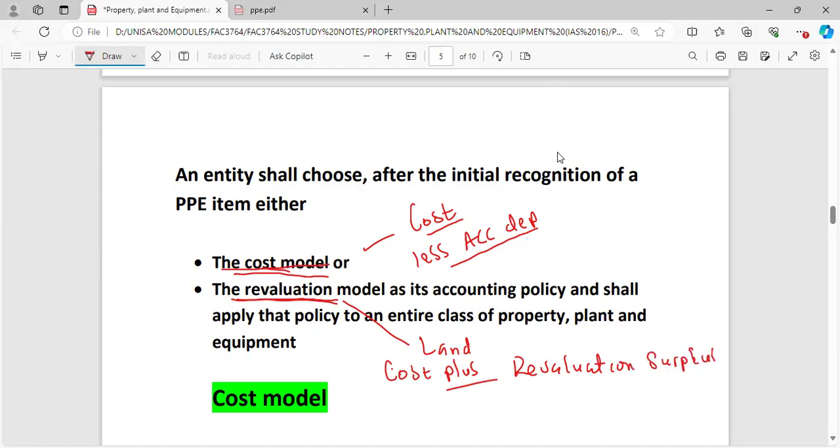And the revaluation surplus is going to be recorded in other comprehensive income. So if the question requires you to disclose the asset in the financial statement, it also means that the revaluation surplus, you need to take it to other comprehensive income. So that's another key area.